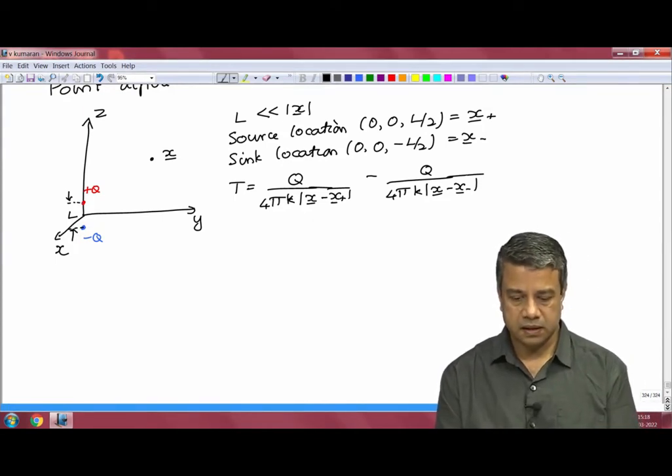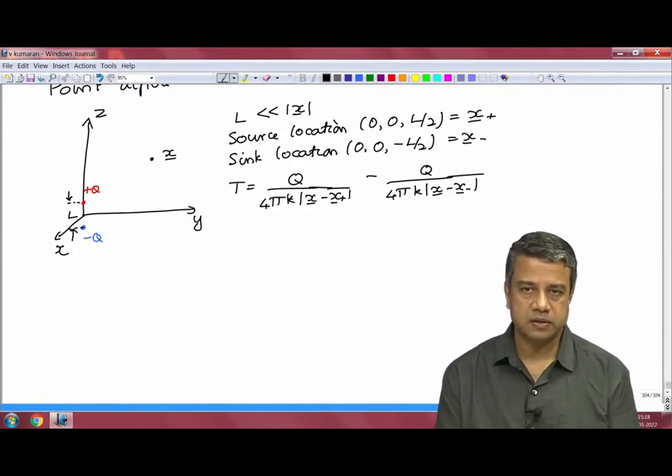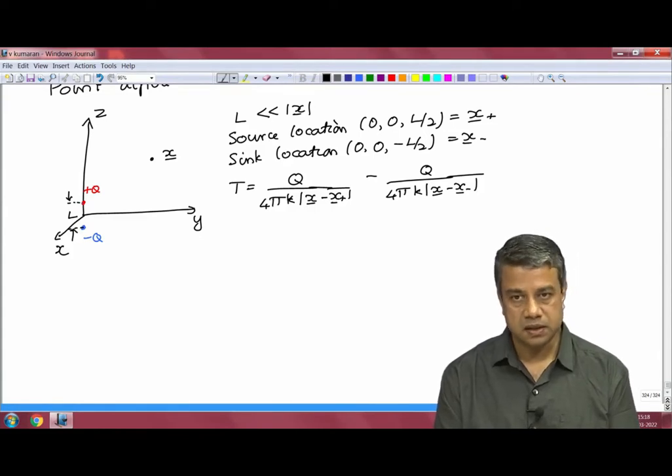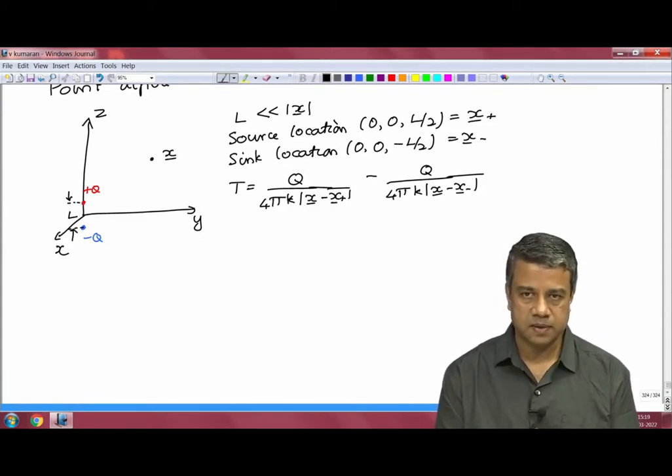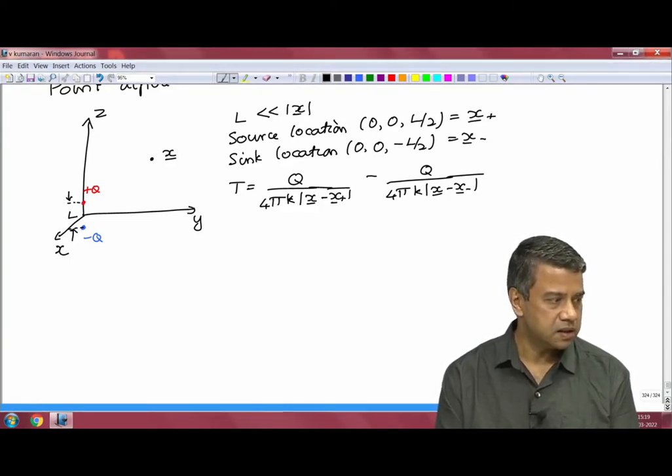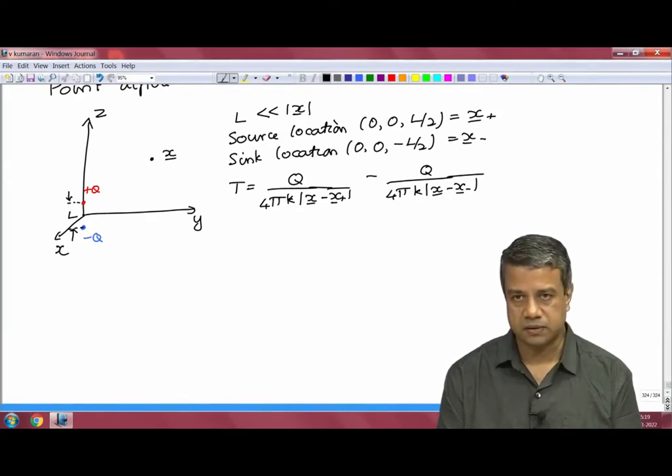Note that the amount of heat emitted by the source plus Q is equal to the amount of heat absorbed by the sink minus Q per unit time. So, therefore, there is no net source of heat in this particular case. I have a source and a sink that are close to each other in such a way that the net source is equal to 0.